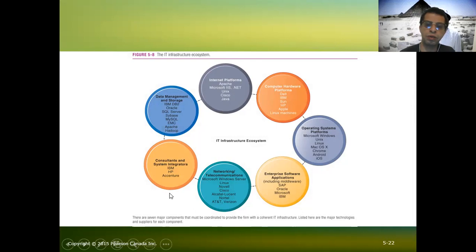Eventually all these can work in a very synchronized way if you can use good consultants and system integrators like IBM, HP, Accenture, and there are others too, especially now even Arthur Andersen and Ernst & Young are getting involved in these things also.